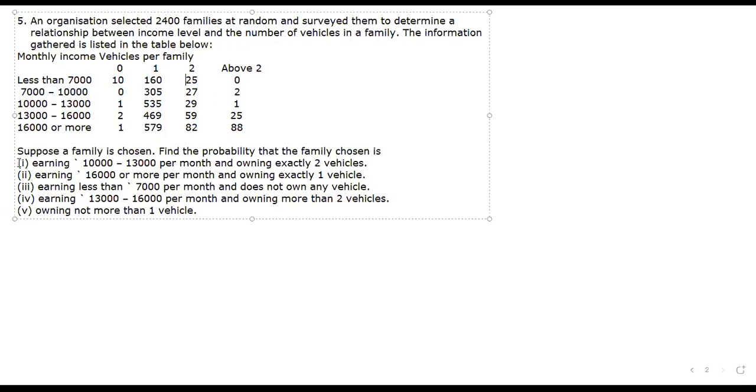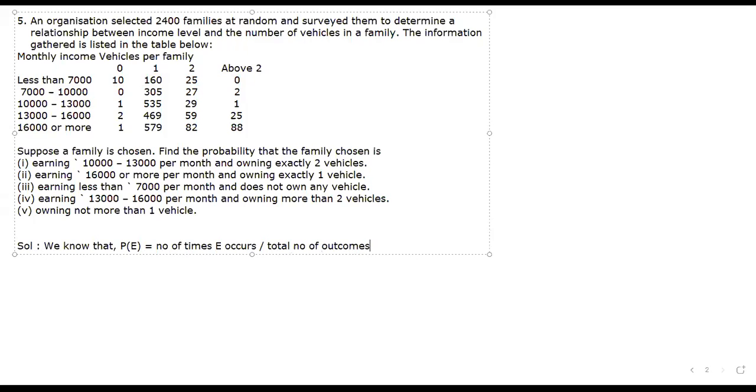Start doing it. Start writing. I'm going to write it here only first. Later on I will copy and paste it again. Solution. We know that probability of E is equal to number of times E occurs upon total number of outcomes.